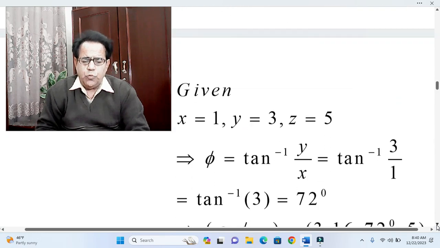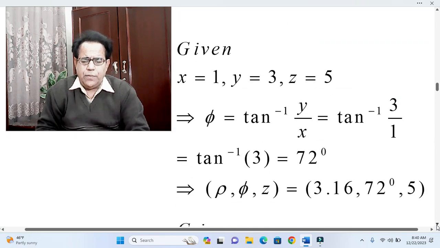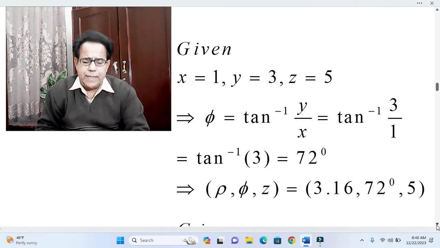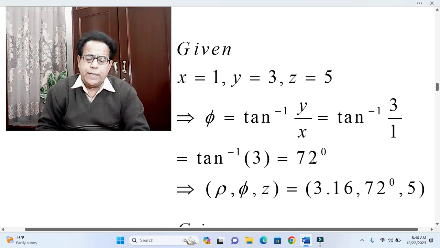Now we move forward. Given x equal to 1, y equal to 3, this implies that phi is equal to tangent inverse y over x, which is tangent inverse 3 by 1, and this is equal to 72 degree. Dear students, here both y and x are positive, so exactly 72.